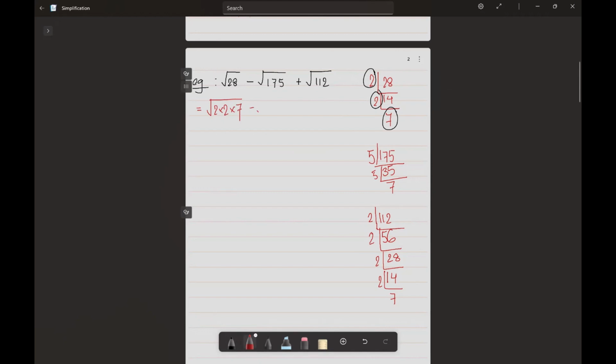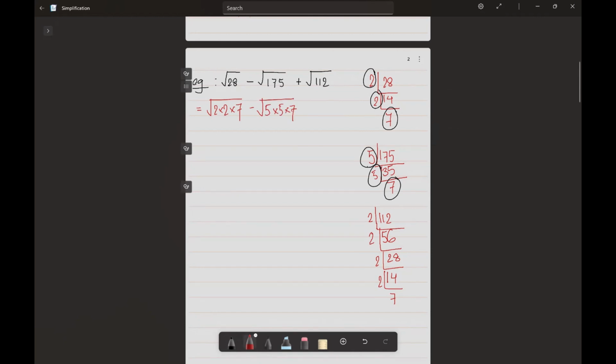Then 175 can be written as a product of 5, 5, and 7. So we will write it as 5 into 5 into 7.